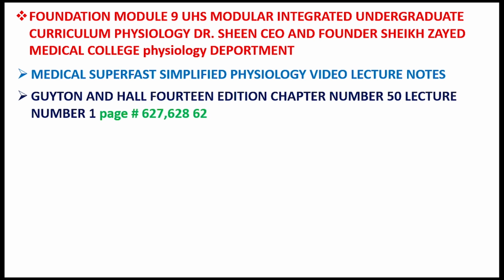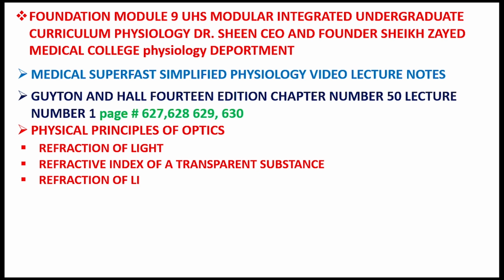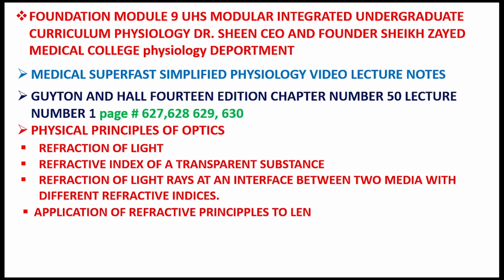Pages 627, 628, 629, 630. Physical Principles of Optics. Refraction of light. Refractive index of a transparent substance. Refraction of light rays at an interface between two media with different refractive indices. Application of refractive principles to lenses. Convex lens focuses light rays. Concave lens. Cylindrical lens bends light rays in only one plane.